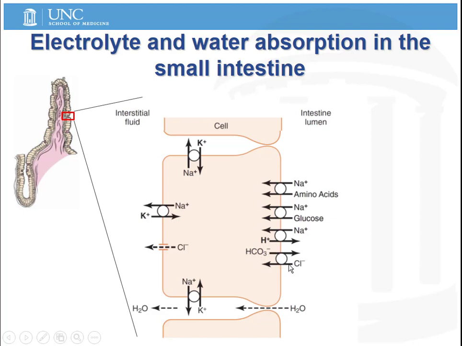The net result here is the absorption of sodium and chloride into the cell, which can then be absorbed across the basolateral membrane. This absorption of ions and nutrients from the lumen creates a large osmotic gradient, allowing water to move by osmosis primarily through the paracellular pathway, through leaky tight junctions between epithelial cells. So the net result here is isoosmotic fluid absorption.